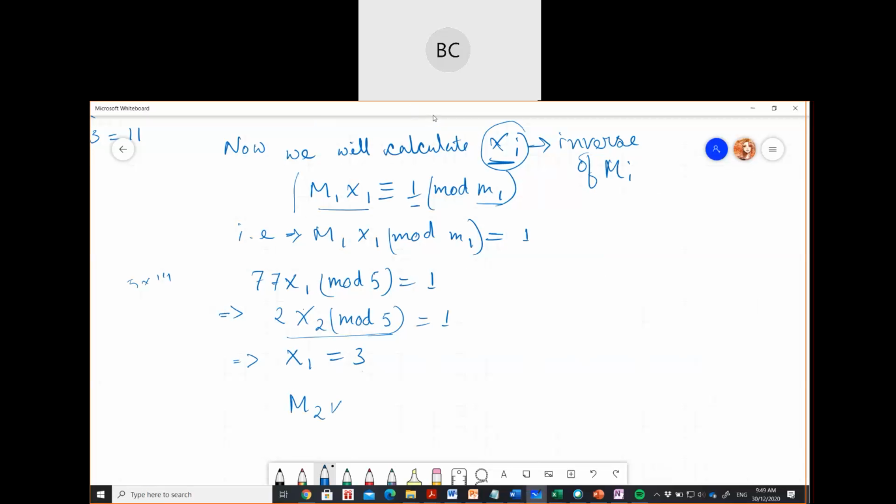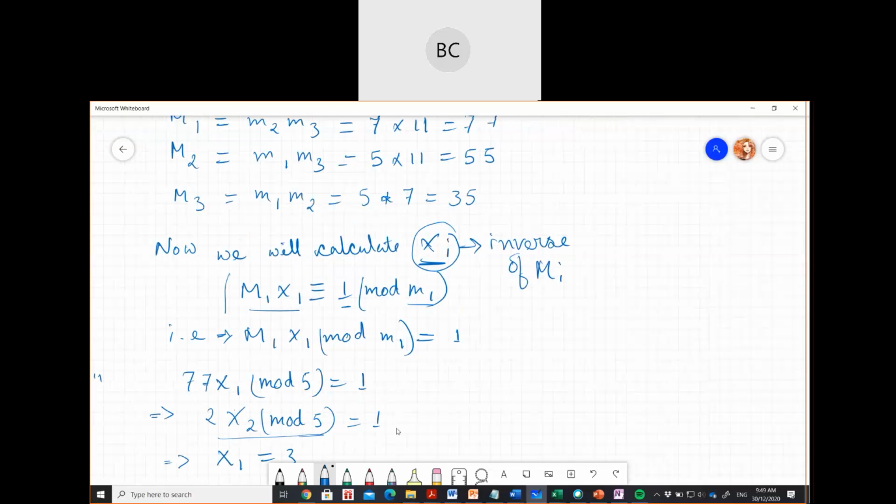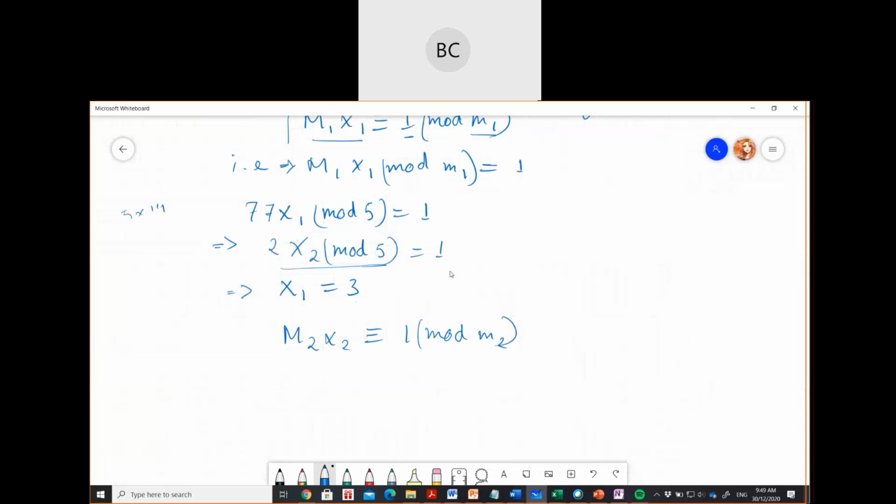Next we need to find M2 x2 equal to 1 mod M2. It's a bit lengthy, you just need to follow the main rules. For M2 we have 55 x2 mod 7 equal to 1.